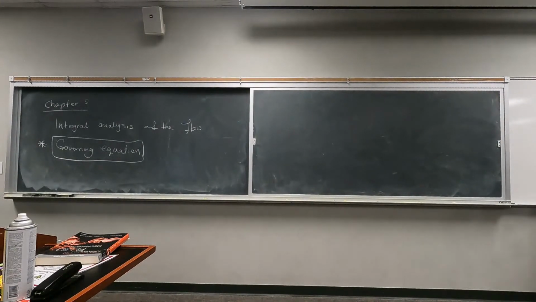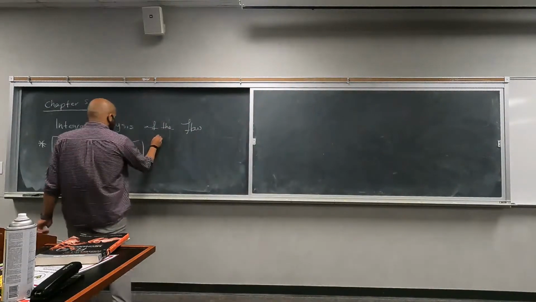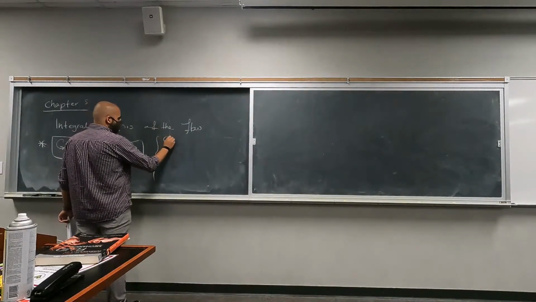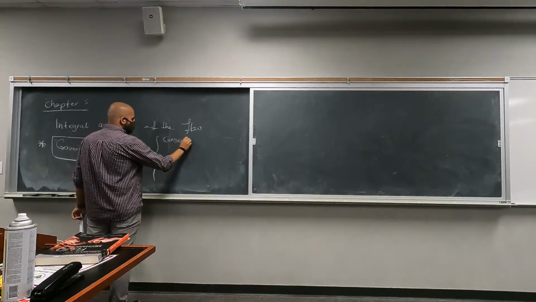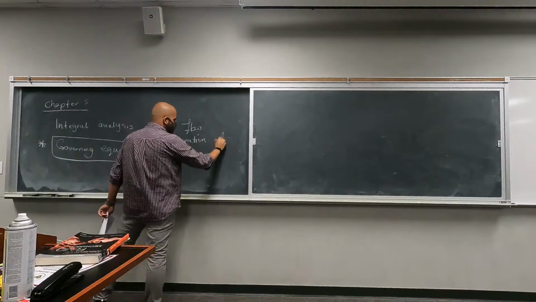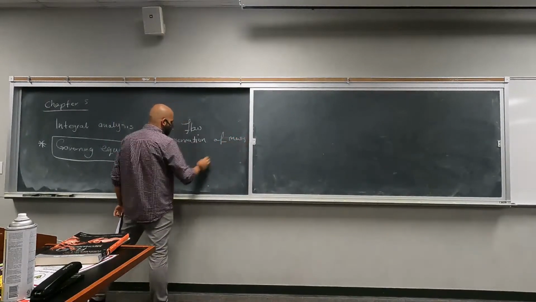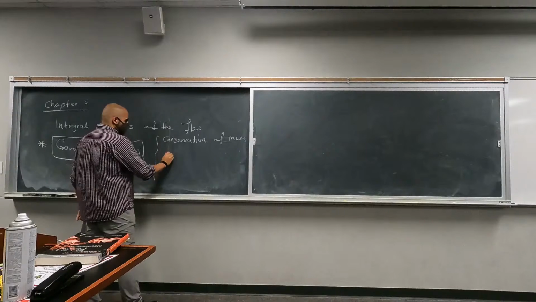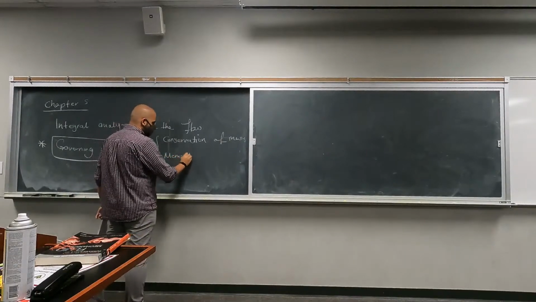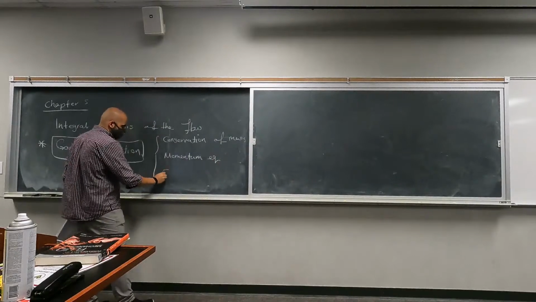So at the end of this chapter, I expect you to understand the governing equations of the fluid flow, which are 3. There are 3 main governing equations, or 3 types of governing equation. Conservation of mass, and at least 2 of these equations we have seen before, but they're just a simpler type of it. Conservation of mass, a momentum equation, and the energy equation.